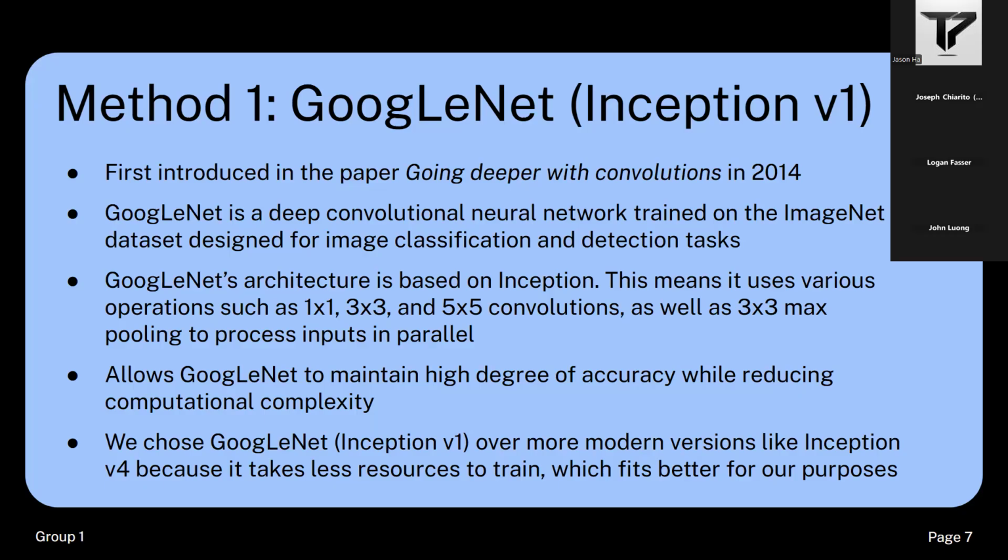The architecture is based on Inception, meaning it uses various operations such as 1 by 1, 3 by 3, and 5 by 5 convolutions, as well as 3 by 3 max pooling to process inputs in parallel. This allows GoogleNet to maintain a high degree of accuracy while reducing the computational complexity. And we chose this method over more modern versions like Inception v4 because it takes less resources to train, fitting better for our purposes.